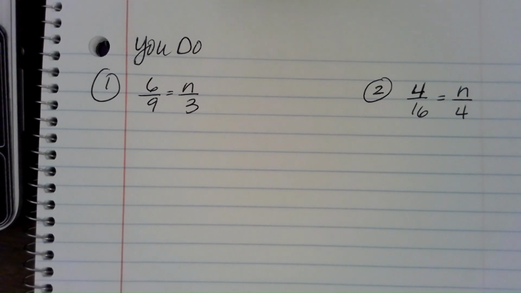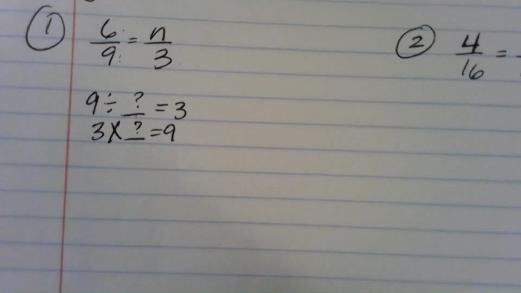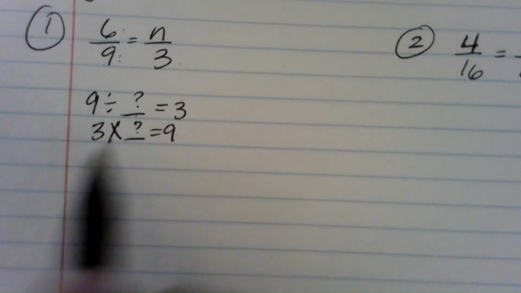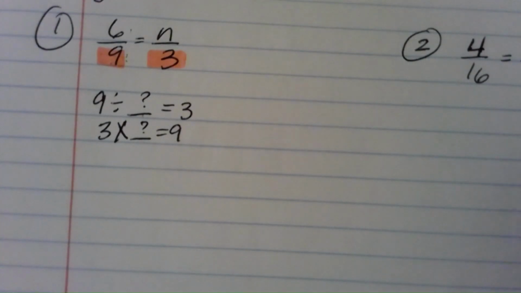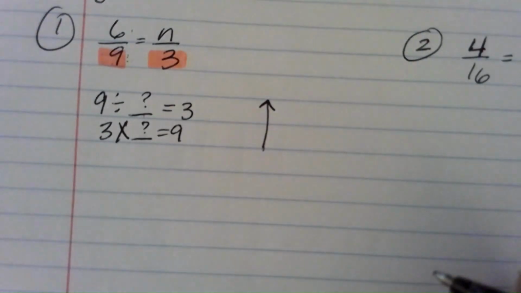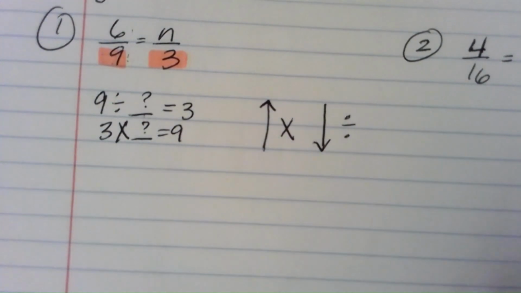Check your answers. All right, so while you were working, if you're watching this, we were talking about the options connecting the 9 and the 3. So we know that if the number goes up, it's multiplying. If it goes down, it's being divided.